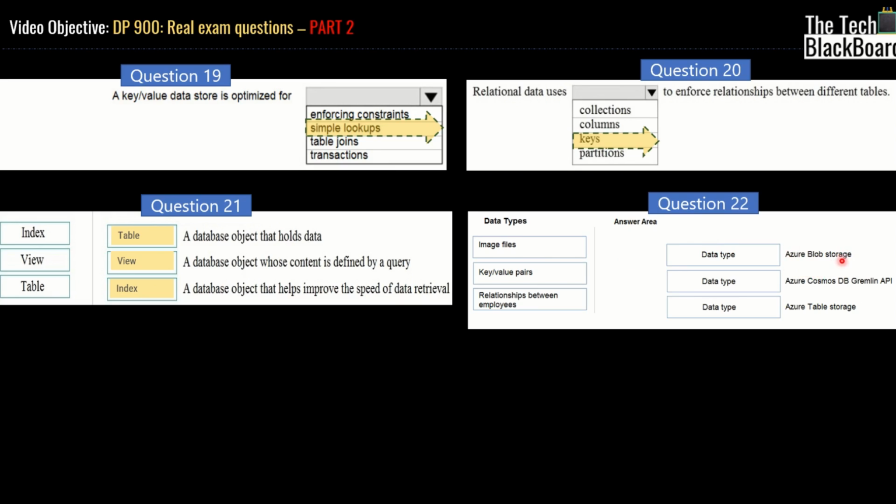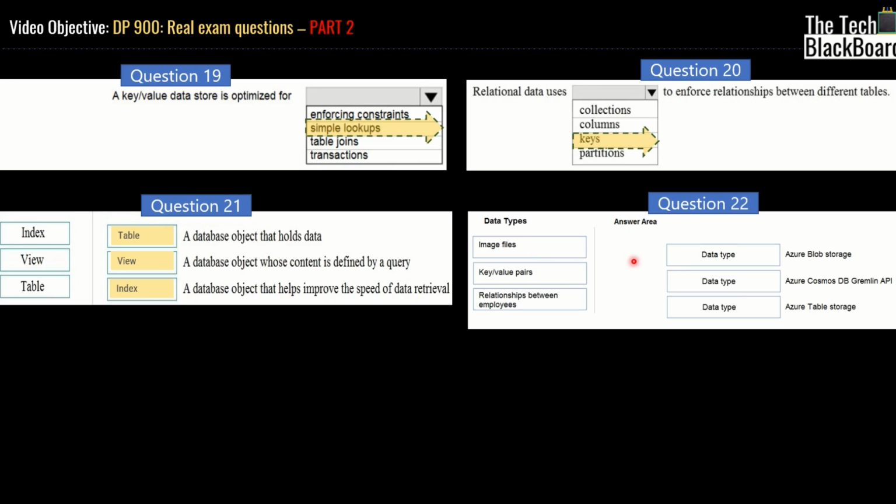What is best for blob storage? What are you going to store in a blob storage? Are you going to store an image file? Are you going to store key value pairs or relationships between employees? See, blob is an object, sort of. If you already know the data types, then blob is a data type which stores other objects, right?